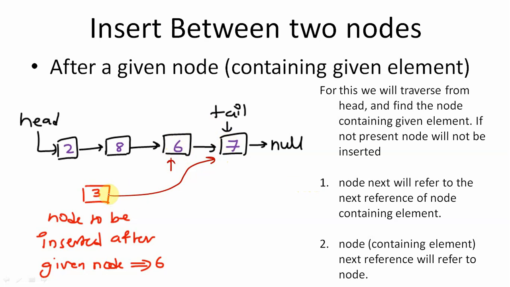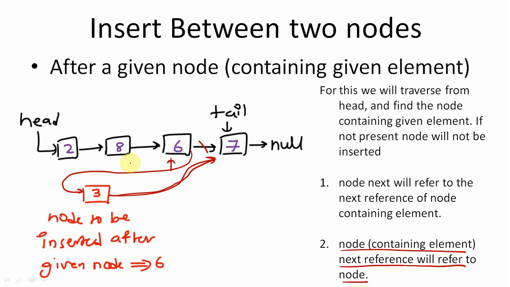So we have to link these two, and then what we have to do, the next reference of the node containing the element will refer to the new node, means now this link will be removed and 6 will refer to the new node containing 3.